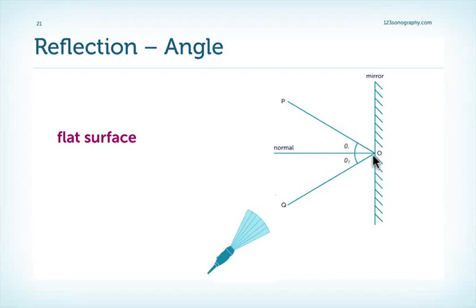Let me now come back to the reflected ultrasound wave, which is very important to generate an image, as you saw. Well, as you probably remember from physics, the angle with which an ultrasound wave is reflected from a flat surface depends on the angle with which it hits the surface. So in this case, for example, the ultrasound beam will never come back to the transducer again.